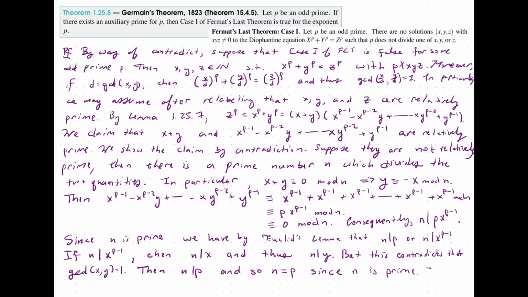So in particular, p divides z to the p, which is another contradiction. So p divides z to the p, which implies that p divides z, which contradicts our assumption. And so now this shows the claim.